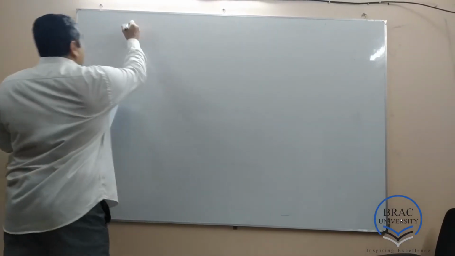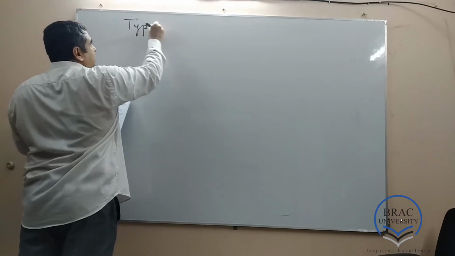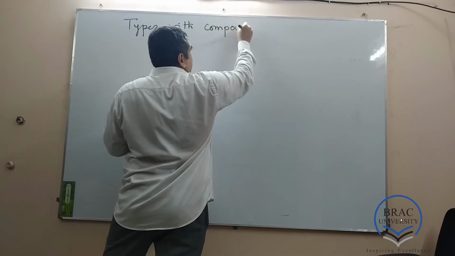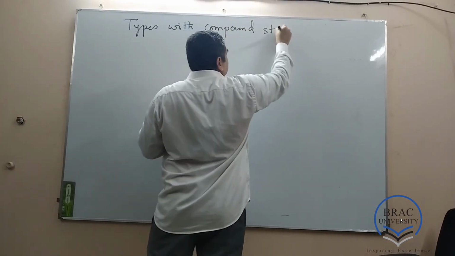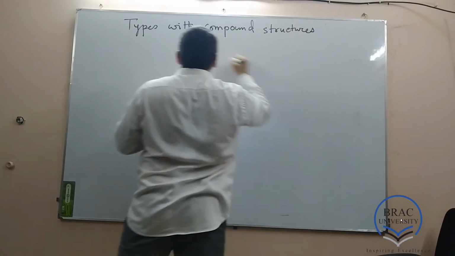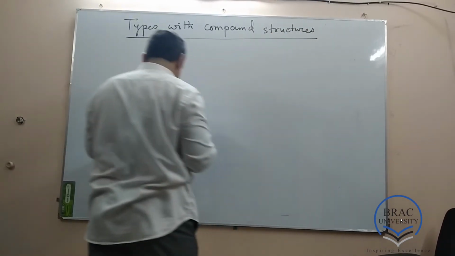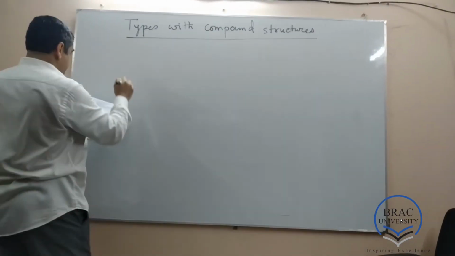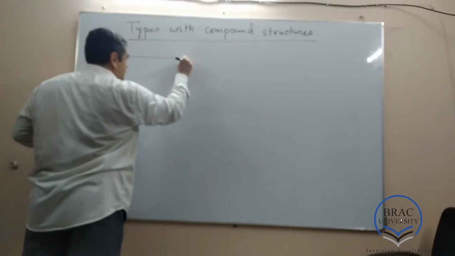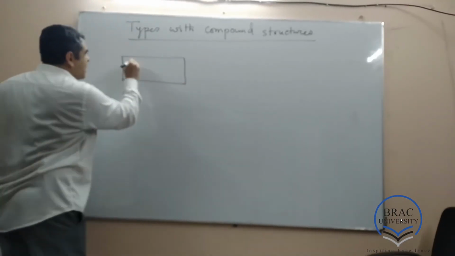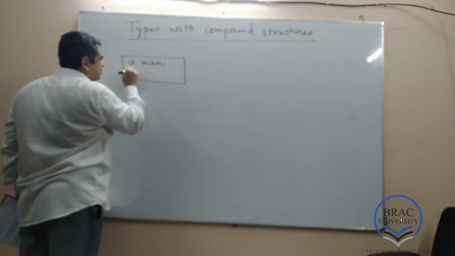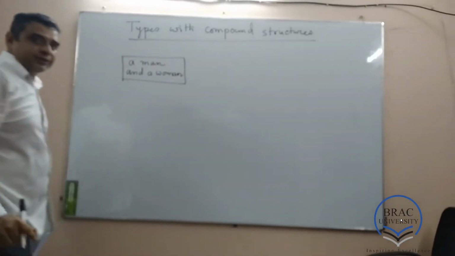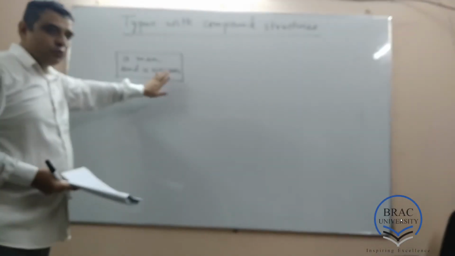So now, types with compound structures. Many types are composed of smaller units. Examples include a man and a woman. This is the type consisting of smaller units, a man and a woman.